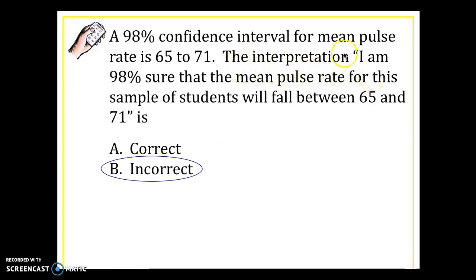If you're creating a confidence interval from a sample, then actually it's not 98% sure, it's 100% sure. This interval is created from a sample, so the exact center of this interval will be the sample mean generated from the sample of students.